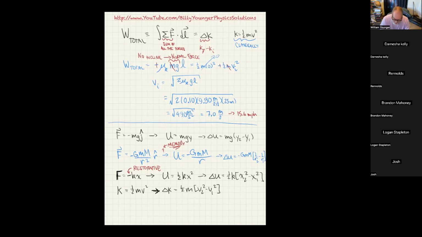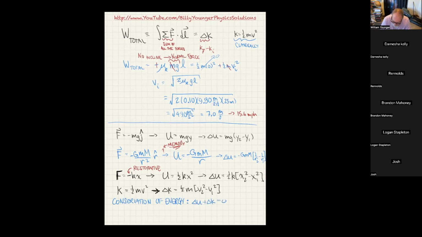I mentioned to you conservation of energy, which I'm going to write now. Conservation of energy, mechanical energy specifically, can be written like this, where you say delta U plus delta K is equal to 0.